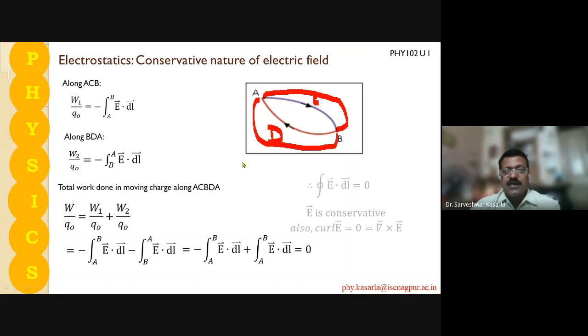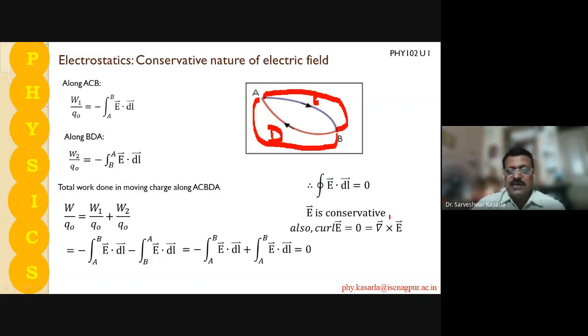That is the conservative nature of electric field. So this is the notation of the closed path. Integration of E dot dl is equal to 0, where dl is along the closed path. So this is the indication of closed path, and therefore it is called E is conservative.